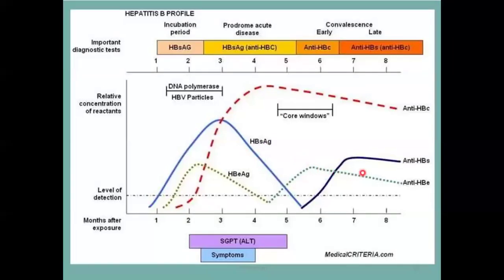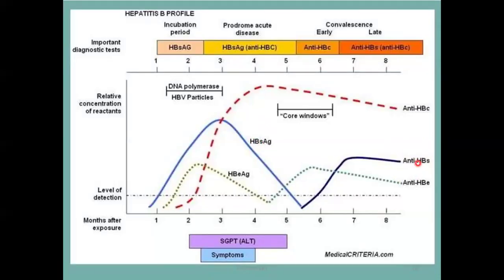And the antibody will now start reappearing. But in this window period, the antigen has disappeared and the antibody has not started reappearing. So if you do the serological markers, you will find this one absent and this one absent. So you might get confused and say this person doesn't have hepatitis B.